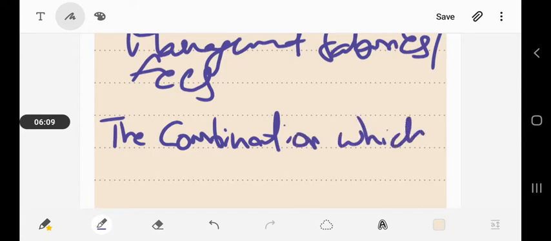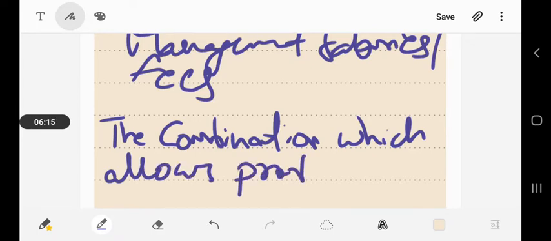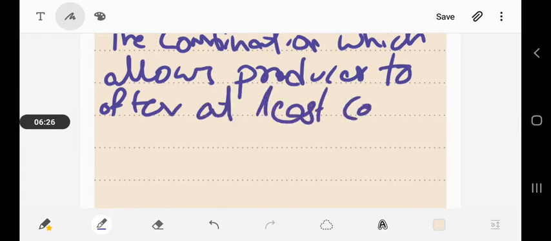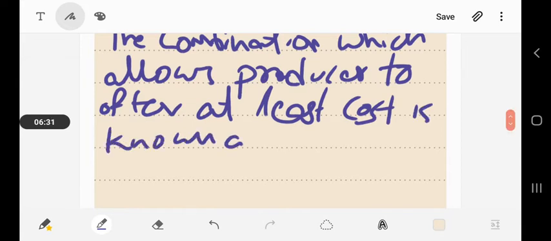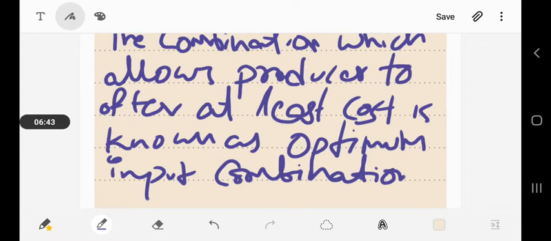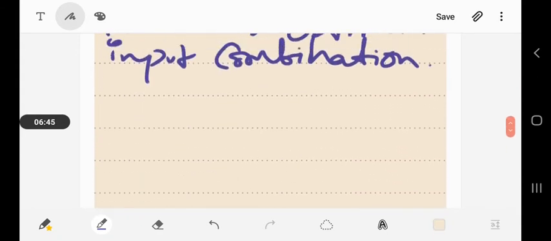The combination which allows the producer to produce at least cost is known as the optimum input combination.